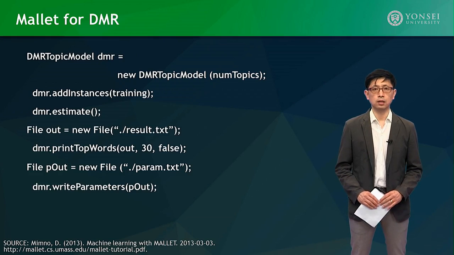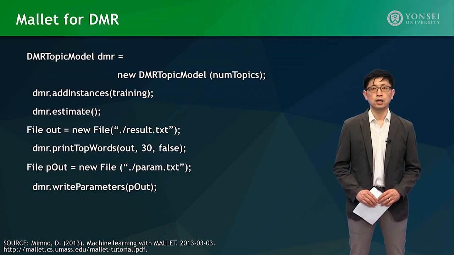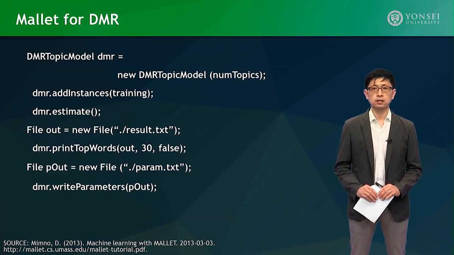The DMR topic model class is the implementation of Dirichlet multinomial regression in Mallet. It takes an argument of the number of topics. Once you instantiate DMR, you pass the instance list object and call the estimate function to estimate the topic model by DMR.